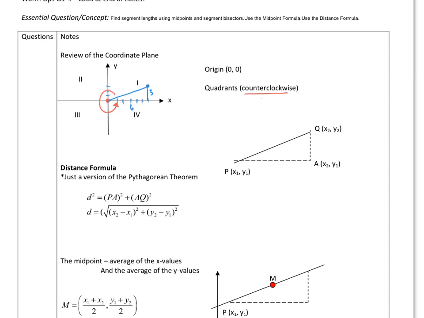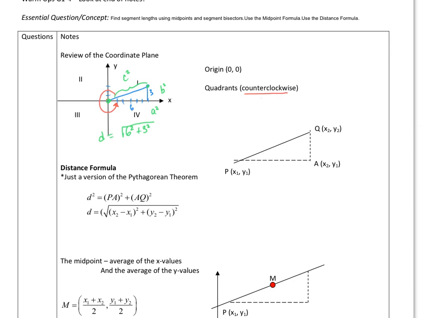We can actually find what this distance would be from this specific point to that point. We could just use the Pythagorean theorem. So that would be 6 squared plus 3 squared, and then I would take the square root of that, and that would be this distance, because it's like saying a squared plus b squared is c squared.